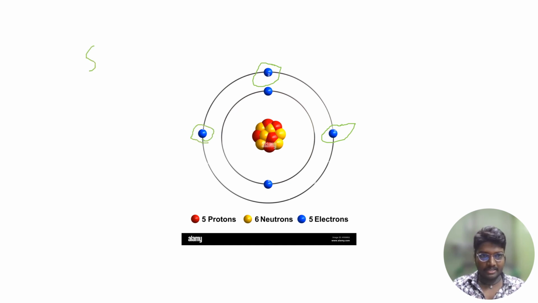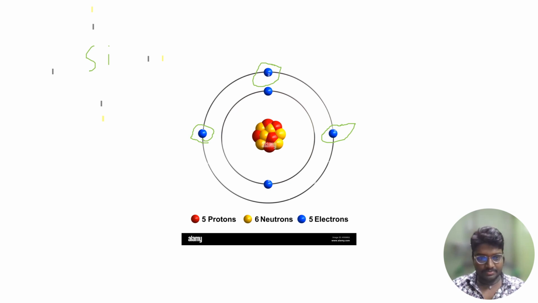I am writing the outermost orbit electrons in black color, and yellow for the boron electrons. Whenever these boron electrons are combined with the silicon, there is an empty valence bond which is unfilled in the silicon atom.